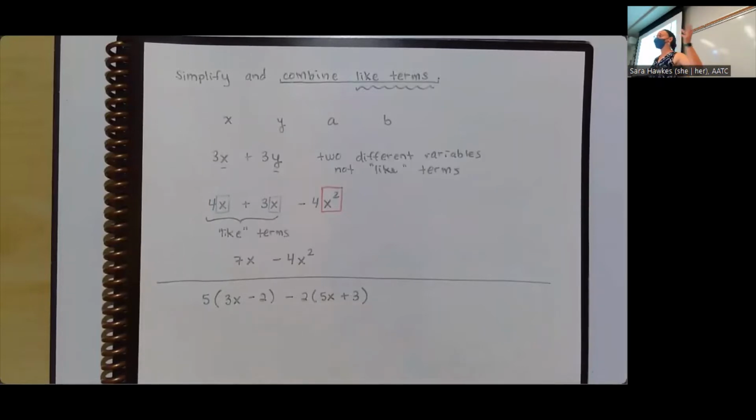One of them has a variable in it. One of them is just a number, just a constant. And if I look over here in these parentheses, that 3x minus 2, I also can't do anything with that because I don't know the value of x. So I'm skipping the parentheses piece. It's as good as it's going to get. Next up, I would look for exponents. I didn't give us any exponents this time, so we don't have to worry about that.